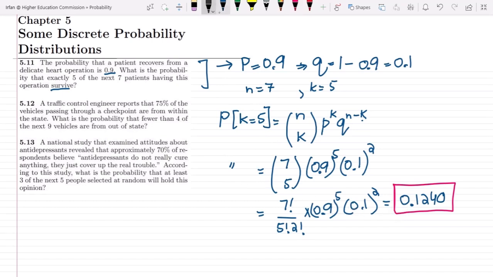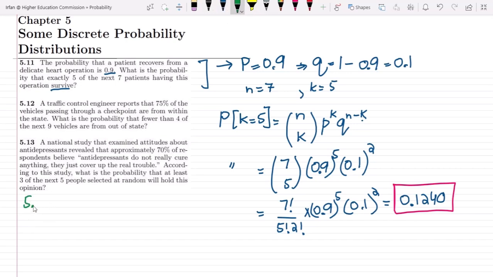Now let us move toward question 5.12, and the statement of it is: a traffic control engineer reports that 75% of the vehicles passing through a checkpoint are from within the state. Let me write this given data here.